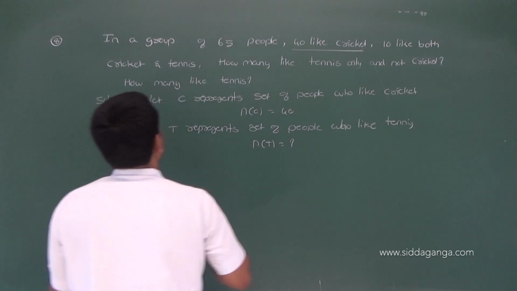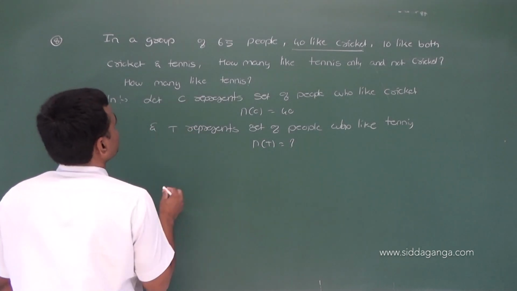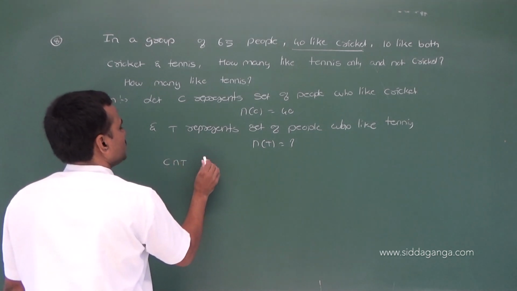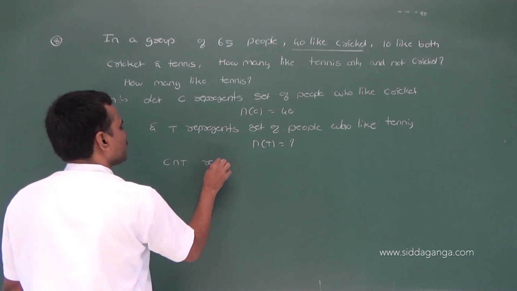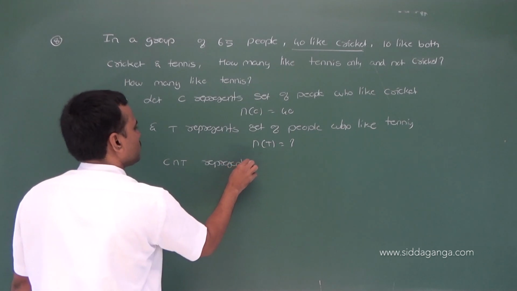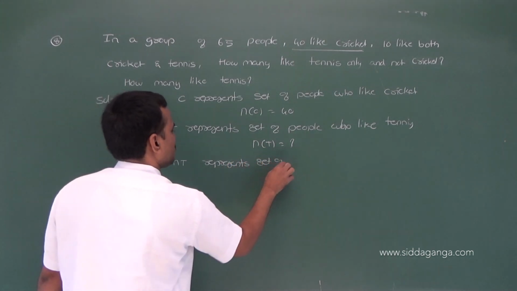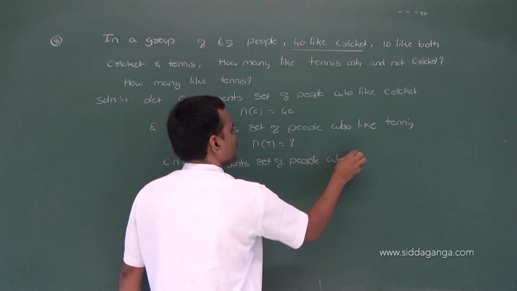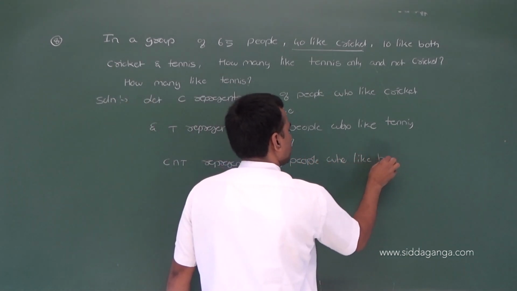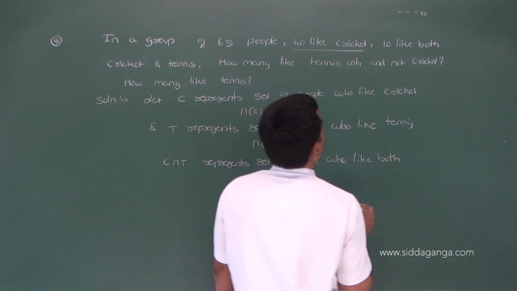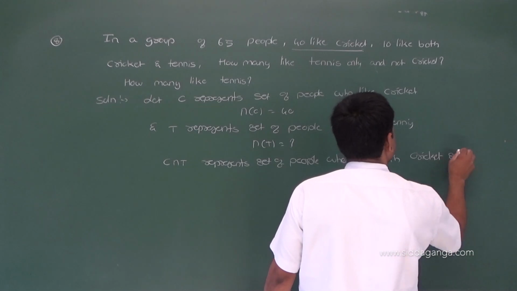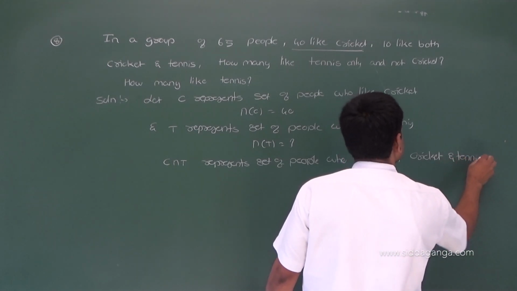So C intersection T represents the set of people who like both cricket and tennis.